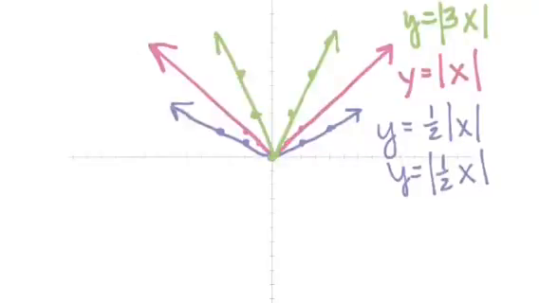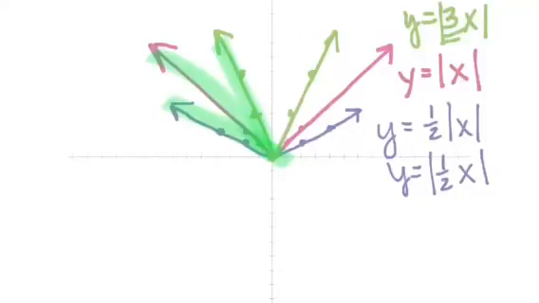So you can see, just like slope, the bigger the number, the steeper the slope. So each side of your absolute value takes on the slope, or the negative version of the slope, in order to properly graph that.